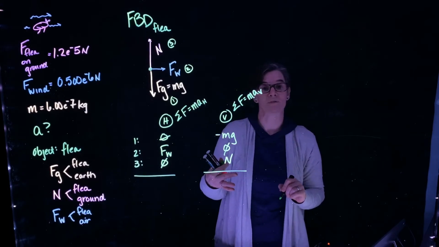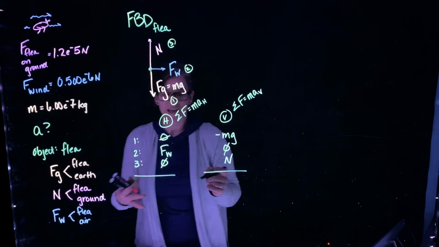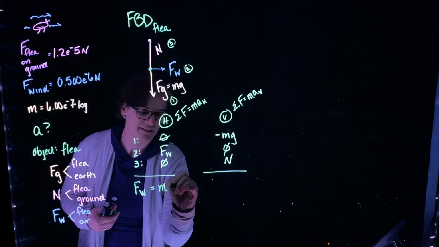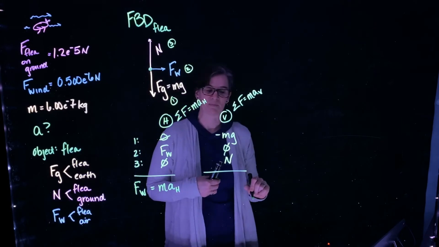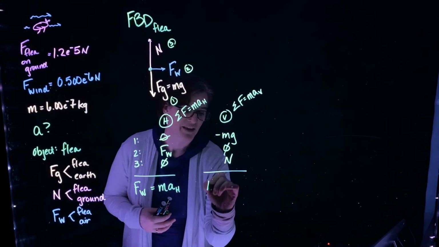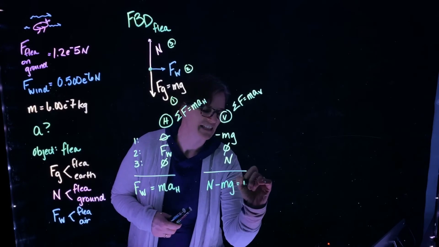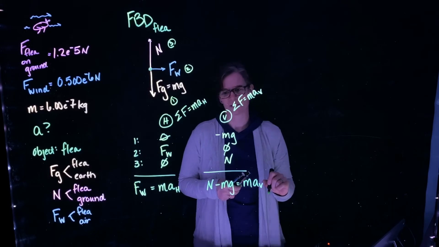The sum of the forces vertically are going to give the vertical component of the acceleration. So we have the force of the wind is equal to the mass of the flea times the horizontal component of that acceleration. In the vertical direction, we have that normal force minus the weight, mg, is going to equal the mass times the vertical acceleration component for that flea.